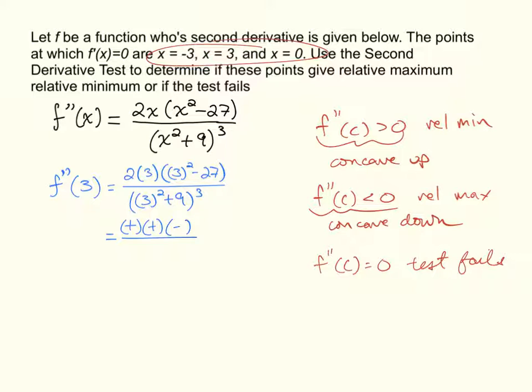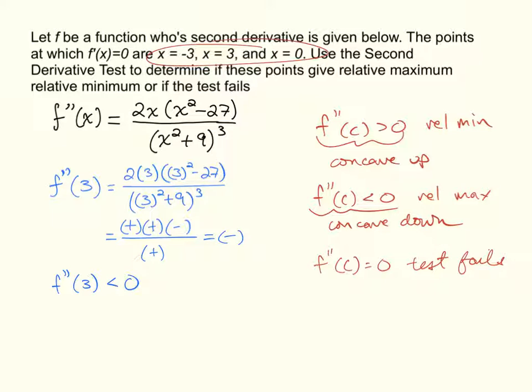In the denominator, since the 3 is being squared and getting 9, 9 plus 9 is positive, a positive number cubed is also positive. So we have a positive times a negative, all being divided by a positive. That will give you something that is negative. So we can conclude that f double prime of 3 is less than 0, it's negative.